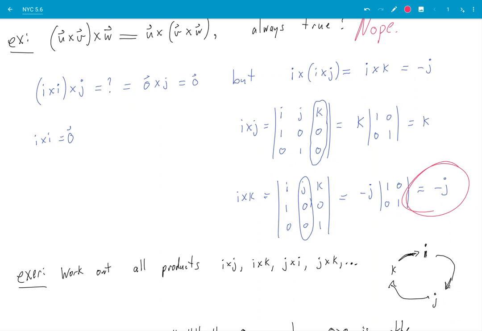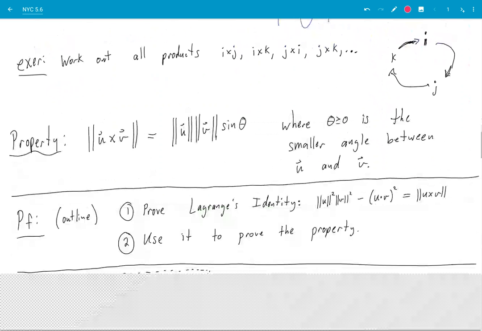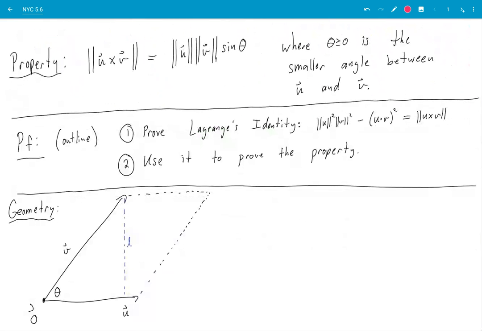And what else? I cross I is 0, J cross J is 0, K cross K is 0. Okay, pause and copy all this.